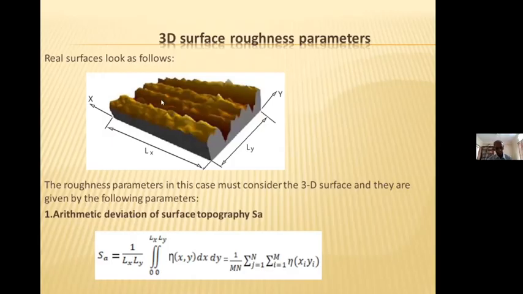Here we do the same thing, except that we take a surface which is a function of x and y both, and we integrate over dx and dy over the sampling length, Lx and Ly. And this in the digital form can be written like this. So this is not very difficult to understand. This is very similar to our CLA, except that it takes care of the deviation in both x and y direction.